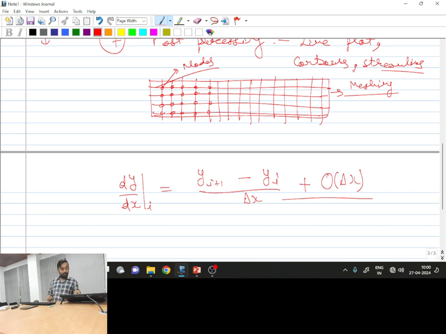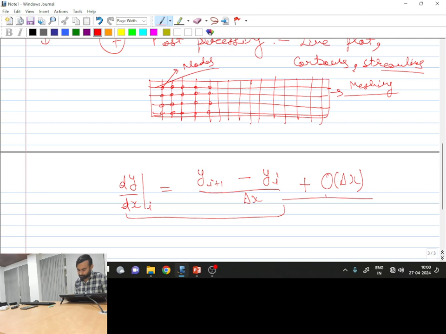So what is the meaning of order of accuracy? Whenever you have written this derivative term into this algebraic form, only this much was not your equation. In your equation, there were some other higher order terms also. But you have neglected these higher order terms because they extend up to infinity, and you cannot take an infinite number of terms into your solution. So you have to remove some terms which have smaller value.